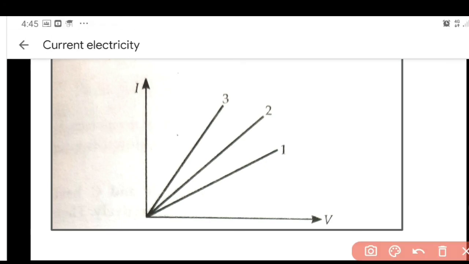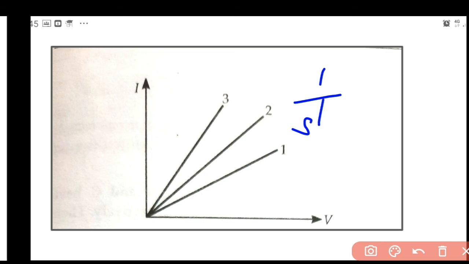So as we said earlier, 1 by slope is equal to resistance. Lower the slope, higher the resistance. Since they are connected in series, resistance will be high. The graph showing the highest resistance is graph 1. So graph 1 shows the effective resistance of 2 and 3 connected in series. The answer is graph 1.